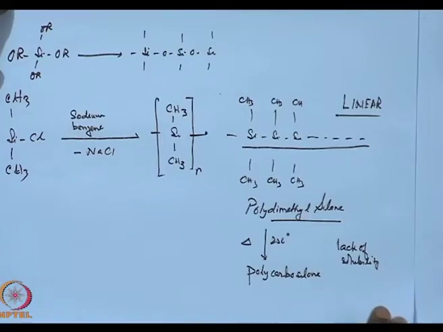So, here the fact that it gives only a linear polymer is also a major problem. So, we need hyperbranched carbosilanes.